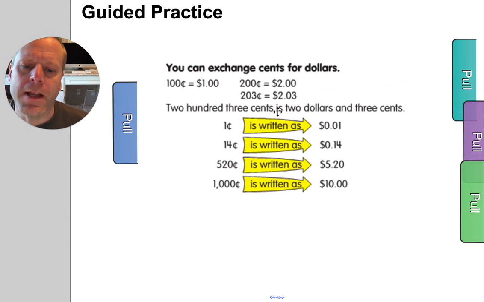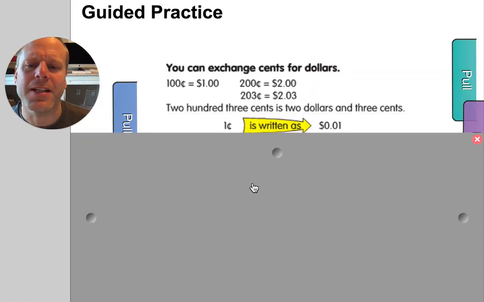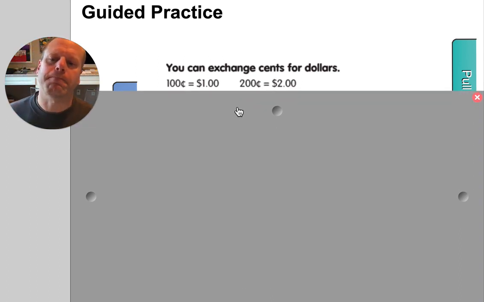Okay, so the first thing they want to tell you is they want me to explain that every time you have cents, it can be written the other way with a dollar sign, right? So here's why that works. It's a little bit unusual to do it like this, but let's talk about it. Maybe I should stick up here first.